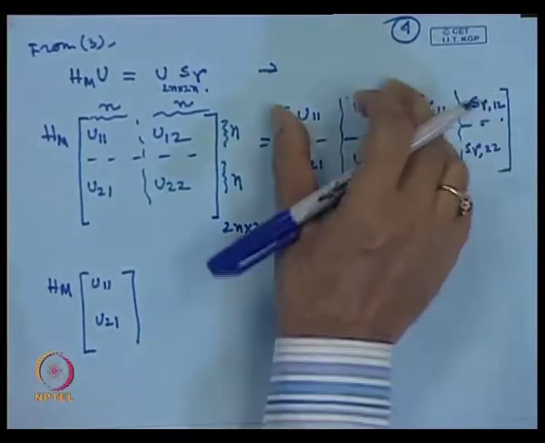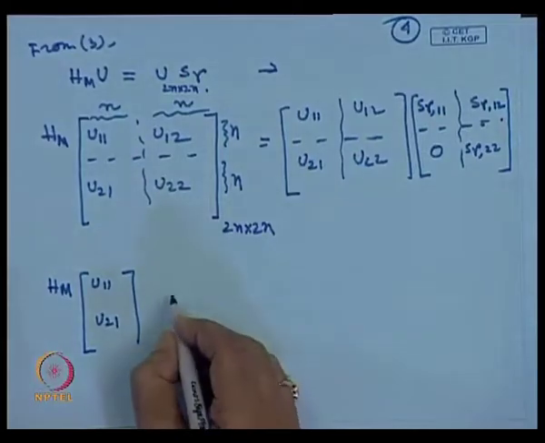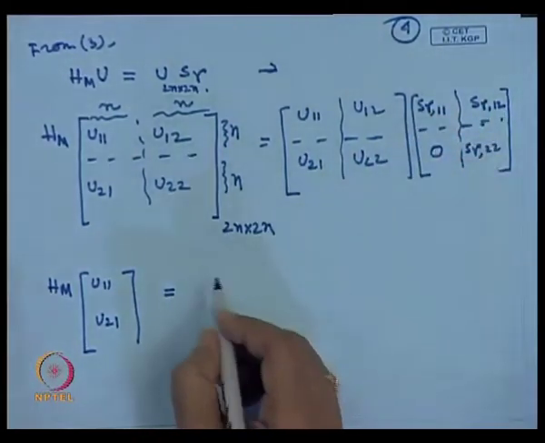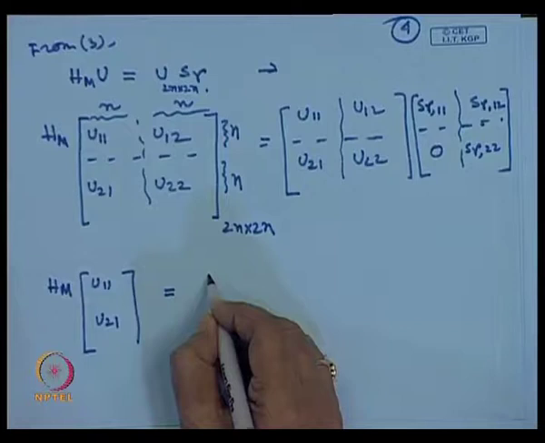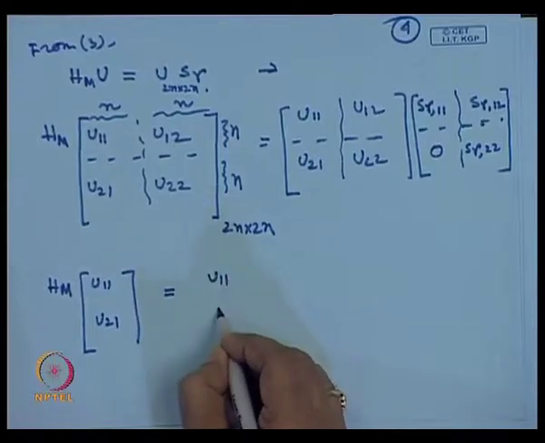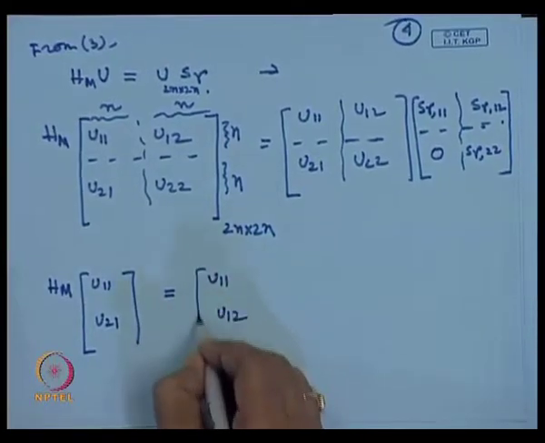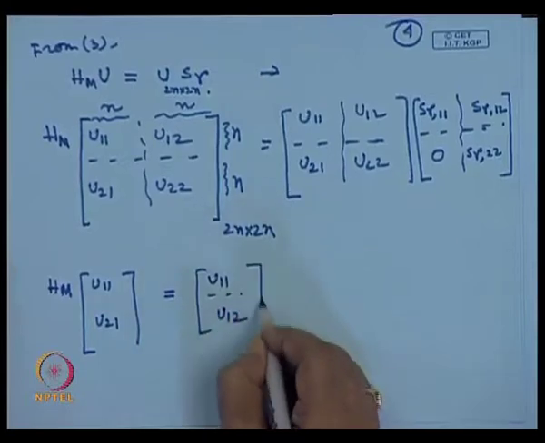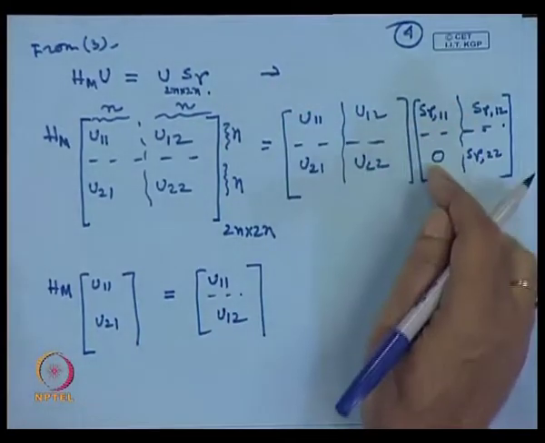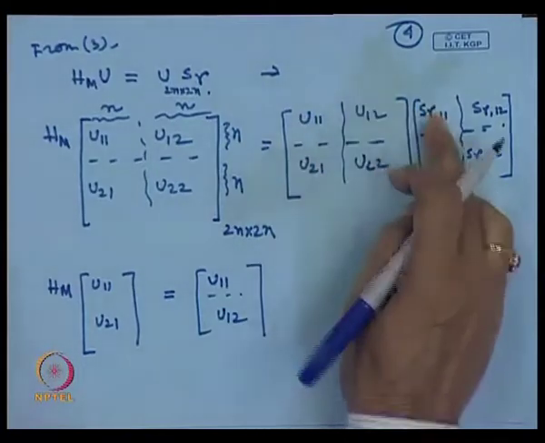Similarly, I have to multiply this matrix with this block, this block is u 1 u 2, this multiplied by this multiplied by this multiplied by this.